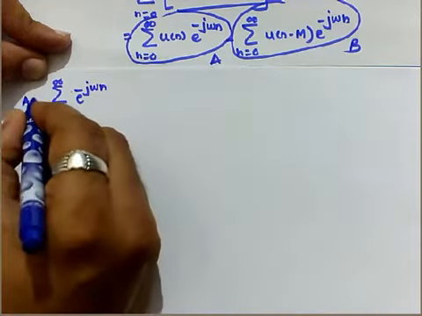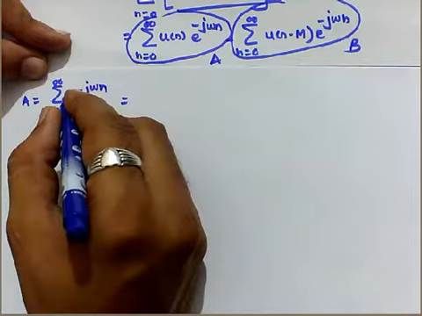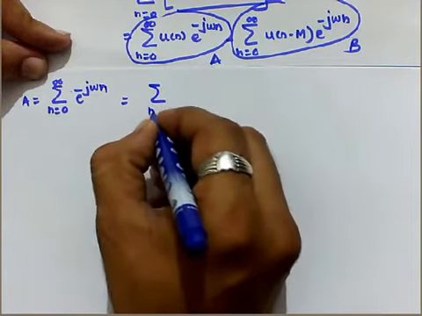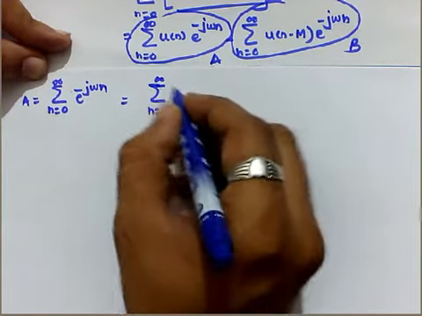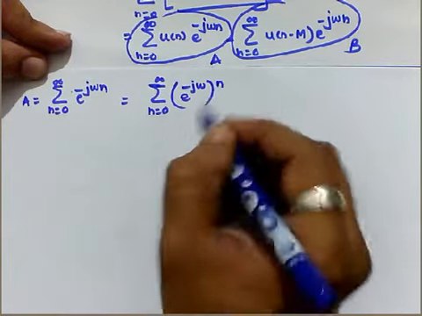So we can write A as the summation n is equal to 0 to infinity e raised to minus j omega, raised to n.